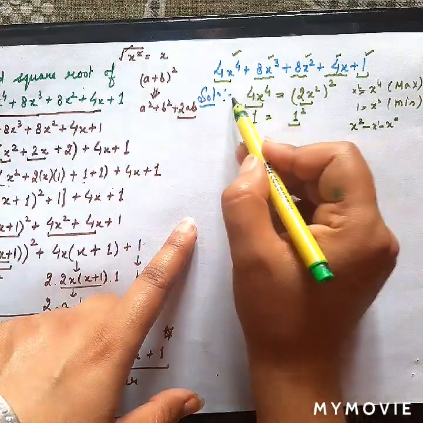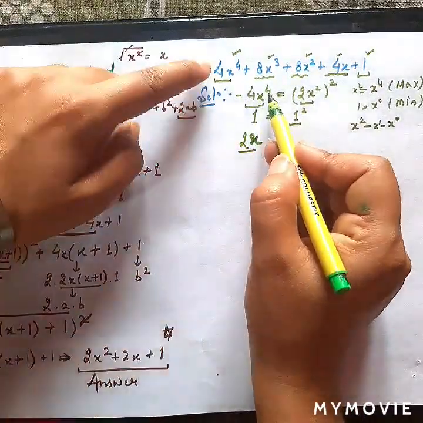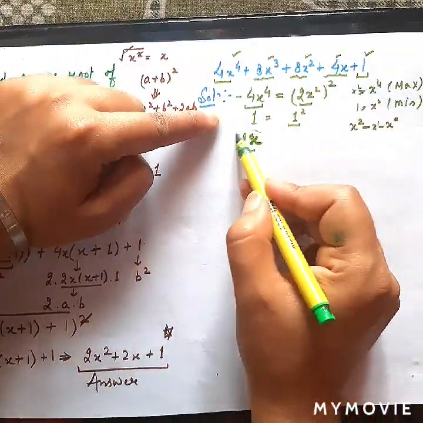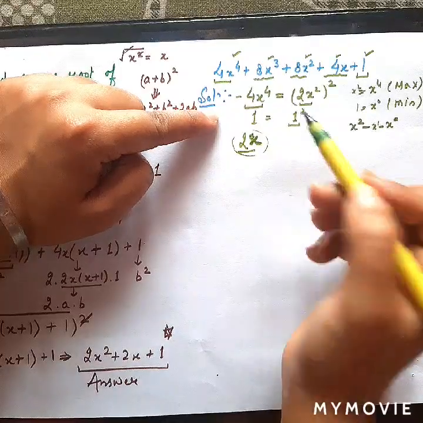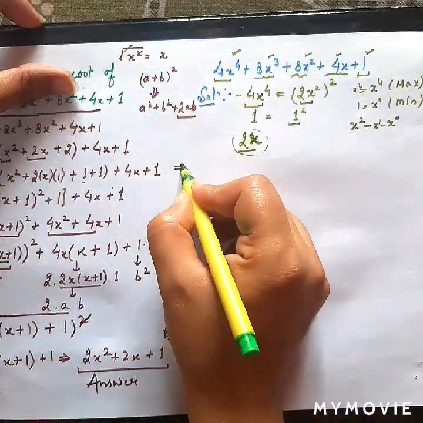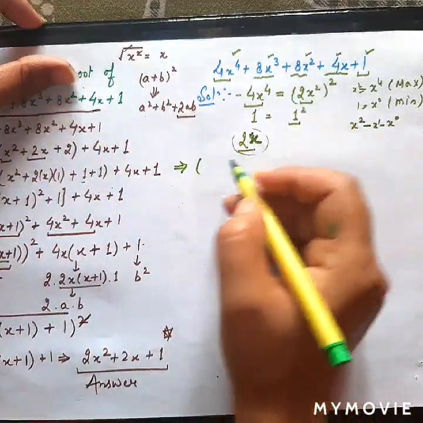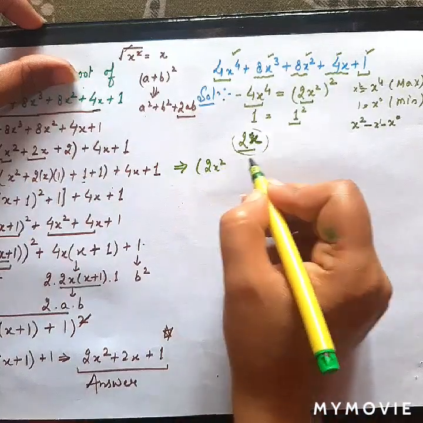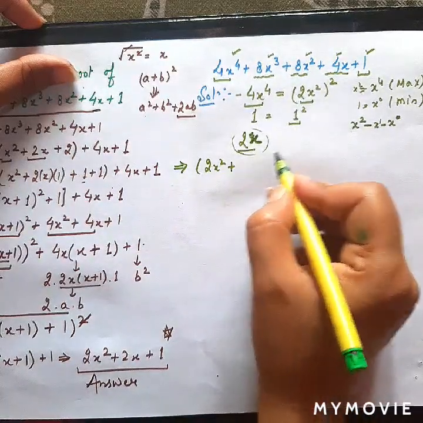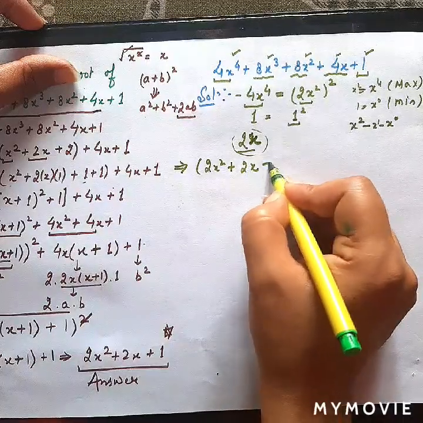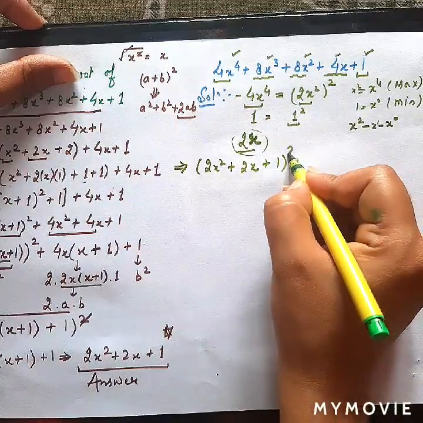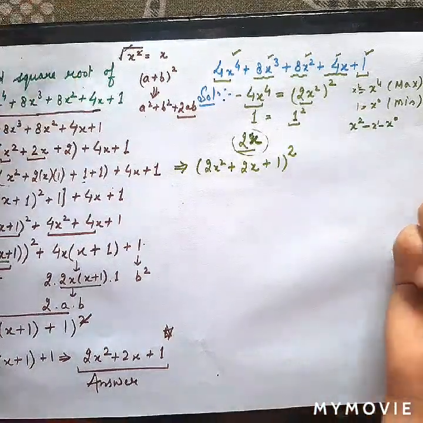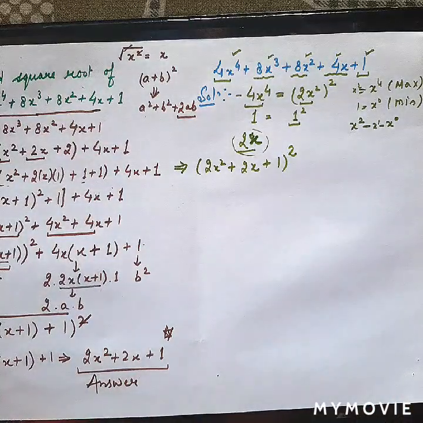These were the extreme terms, 4x raised to power 4 and 1, and the middle term you will take like this. Now you will write 2x square plus 2x plus 1.